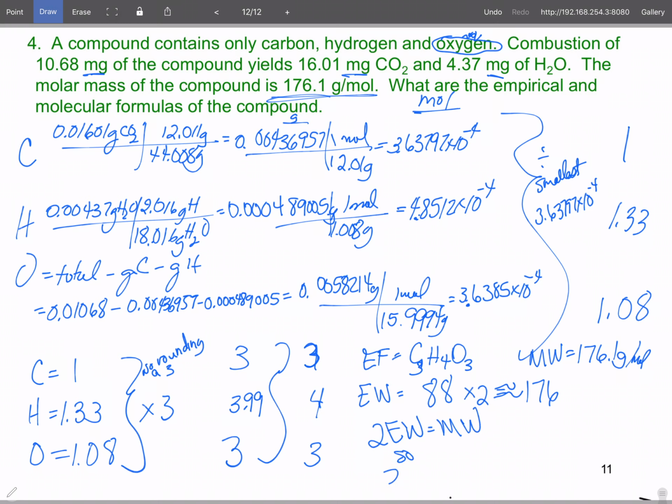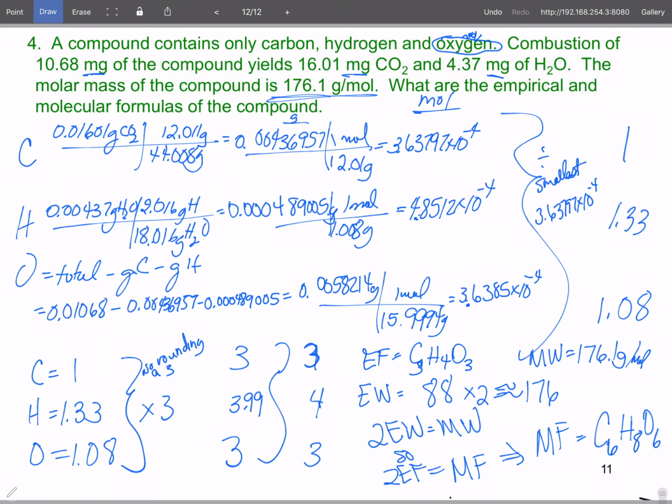So 2 times the empirical formula will give you the molecular formula. So that means that the molecular formula is going to be equal to C6H8O6.